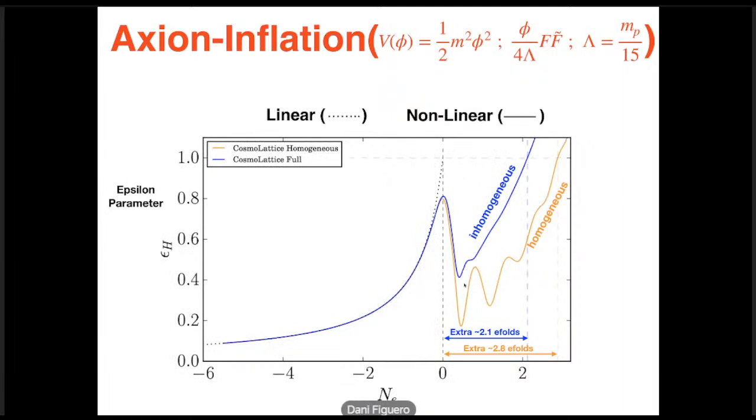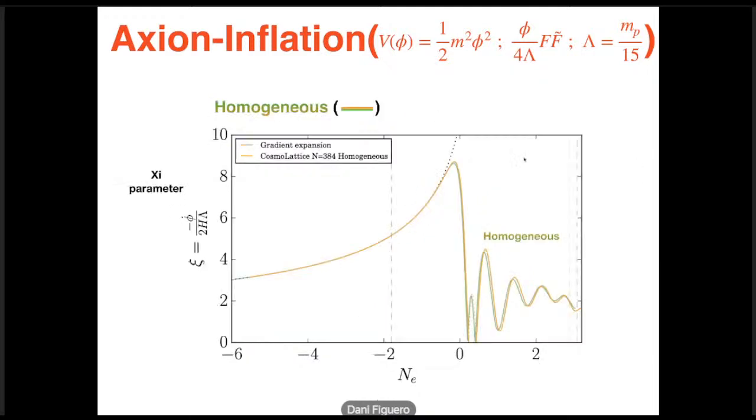But if I compare to the inhomogeneous case, now the number of extra foldings I get until the end of inflation is smaller than in the homogeneous case. Whereas in the previous coupling, I was getting more extra foldings in the inhomogeneous situation compared to the homogeneous back reaction. So essentially, the amount of extra foldings you get compared to homogeneous back reaction is non-monotonic with the coupling. This is what we are showing.